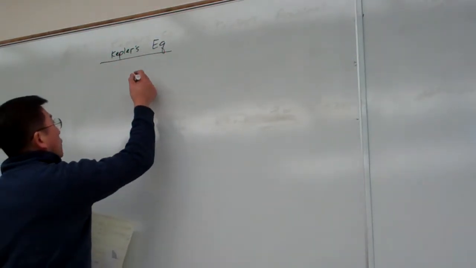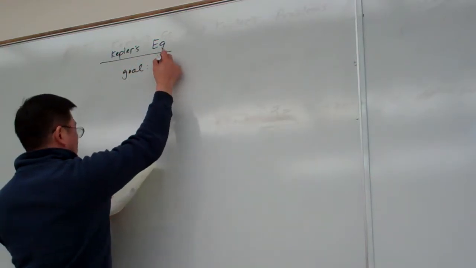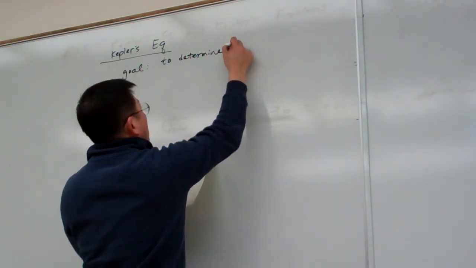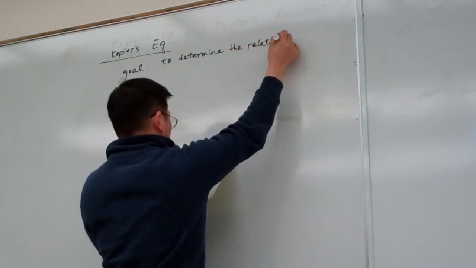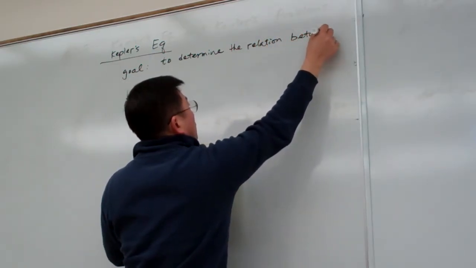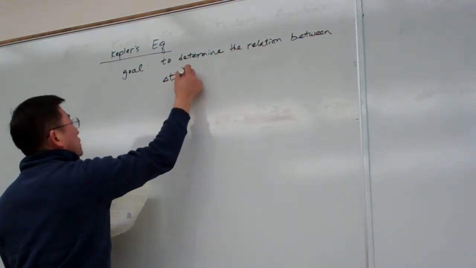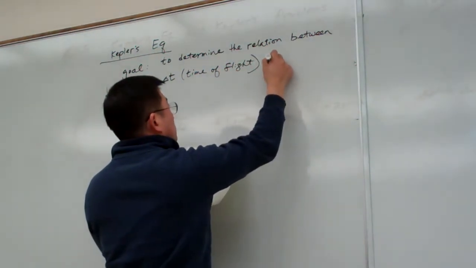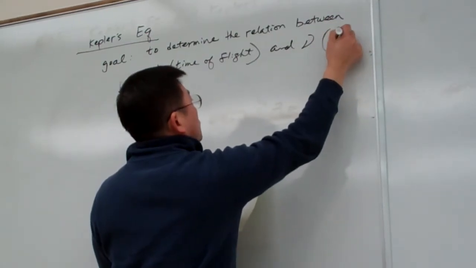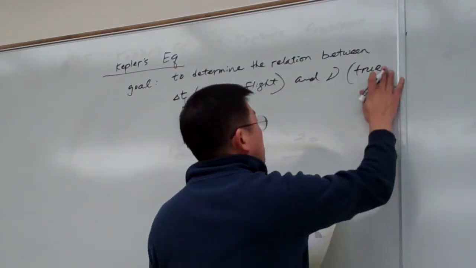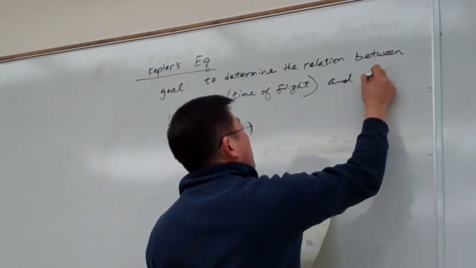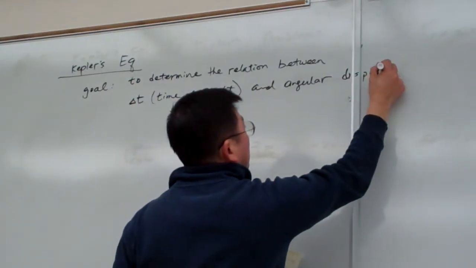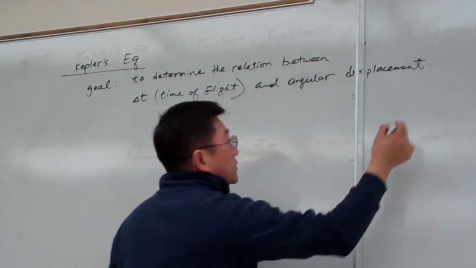The goal of the Kepler equation is to determine the relations between delta t, the time of flight, and nu, the true, I would say, angular displacement on orbit.